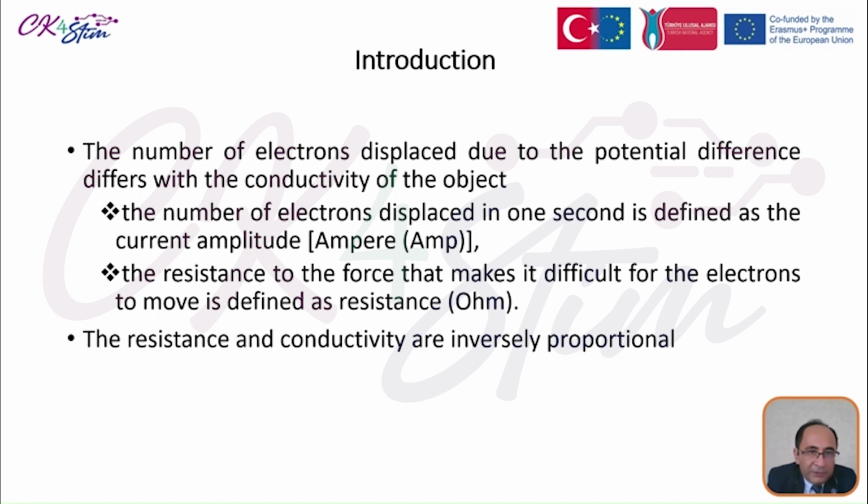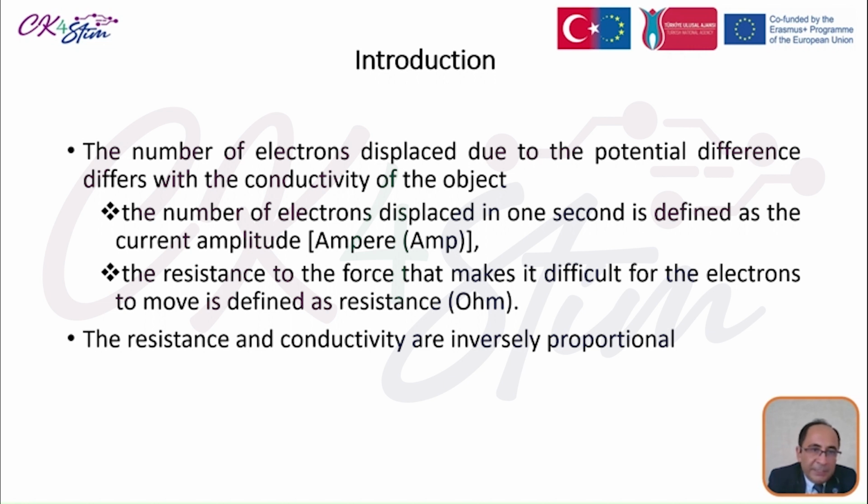The number of electrons displaced due to the potential difference differs with the conductivity of the object. Here we are talking about non-conductive materials such as rubber and plastic, and highly conductive materials such as metals.